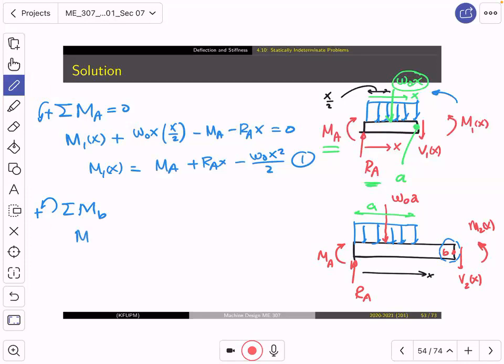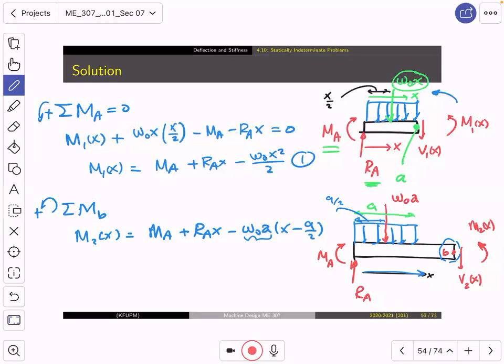So in short, I will get M2x equal to MA plus RAx minus W0a multiplied by x minus a over 2. This is the force multiplied by the distance. The distance is x minus this part, which is a over 2. You got that? That's why we have this.